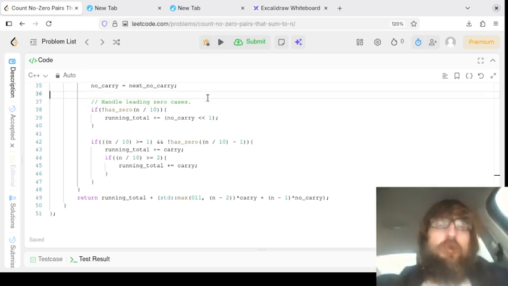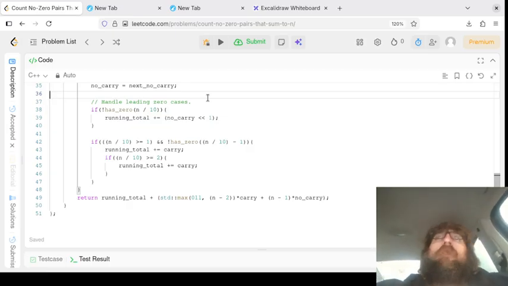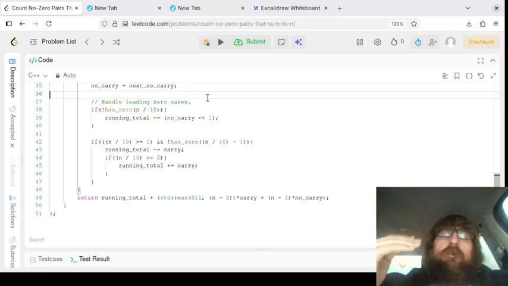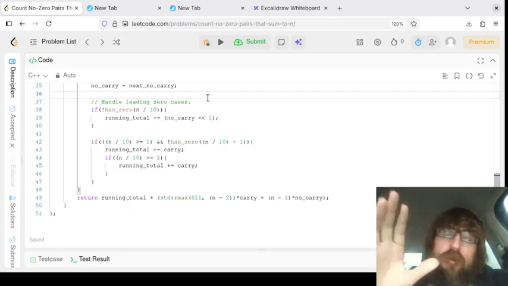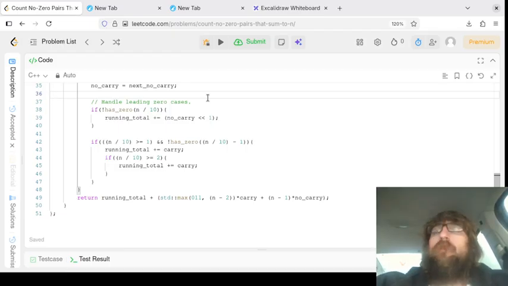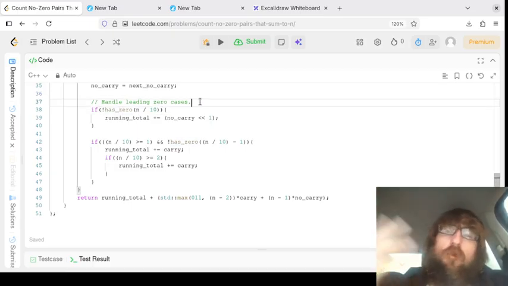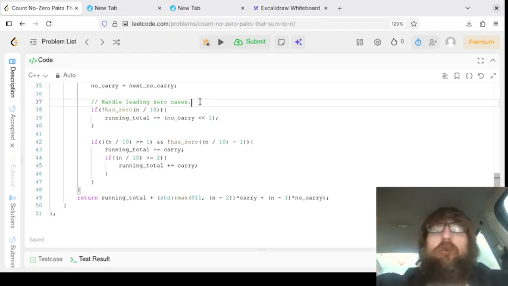Would that give me a valid pair, if I just padded A with leading zeros, and then what was left over for n, the leftover digits, pad that directly into B? Well, it works as long as the prefix doesn't have any zeros. Hence the has zero subroutine. It'll be a valid solution.